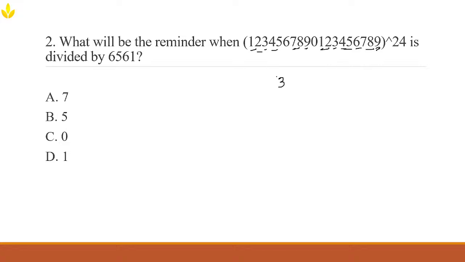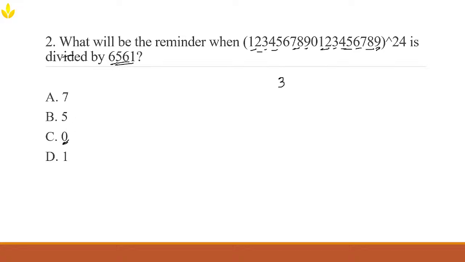That means the given number to the power of 24, when divided by 6561, will be surely completely divisible, so that the remainder will be 0.